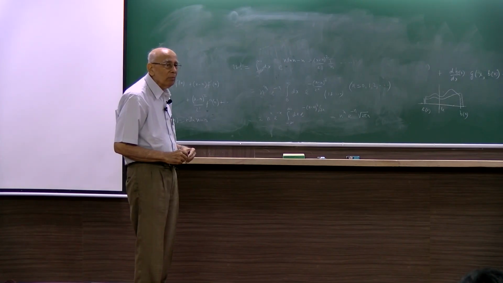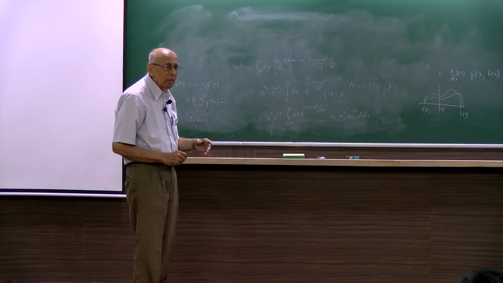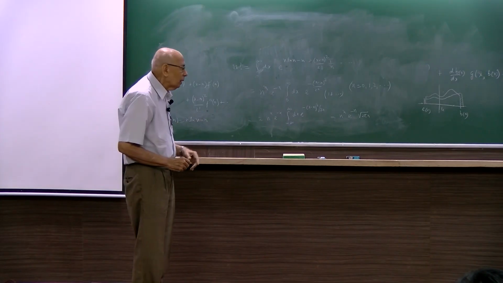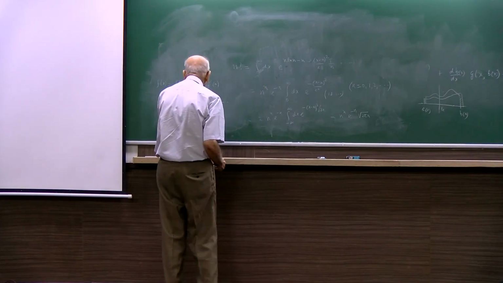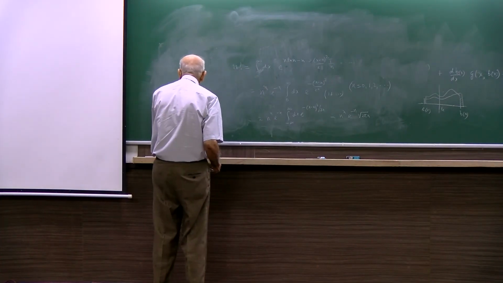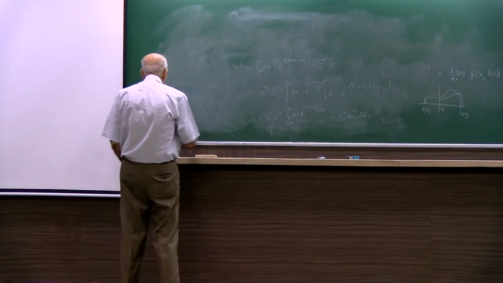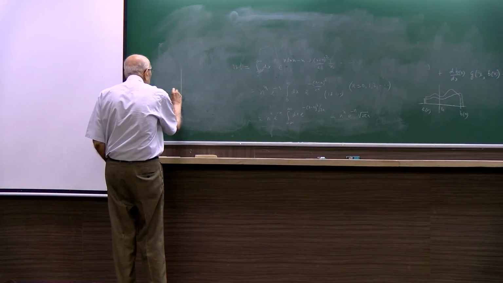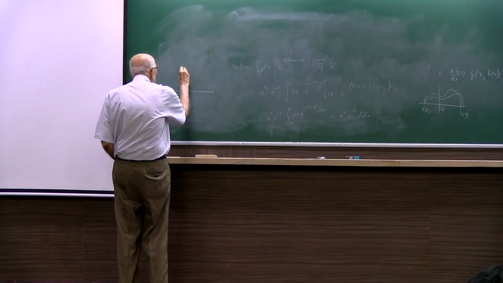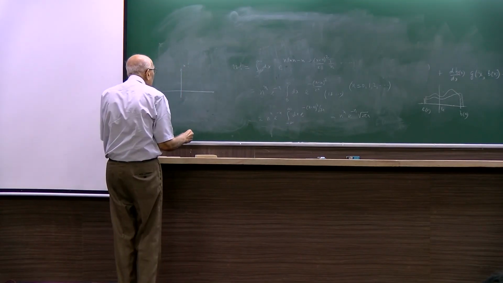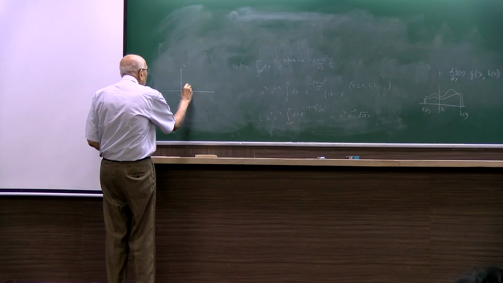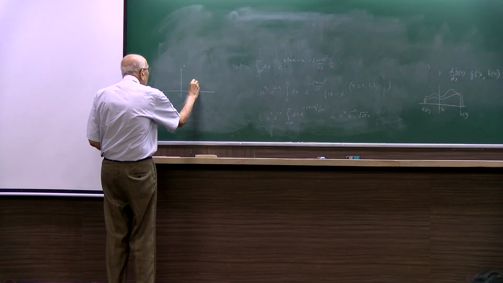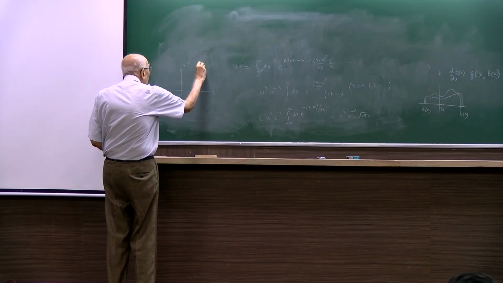Actually, Euler did more. He found the extrapolation of the factorial itself. If you plot n factorial, it rapidly increases, right? Here's 0. 0 factorial is taken to be 1. 1 factorial is 1. 2 factorial is 2. 3 factorial is 6. 4 factorial is 24.